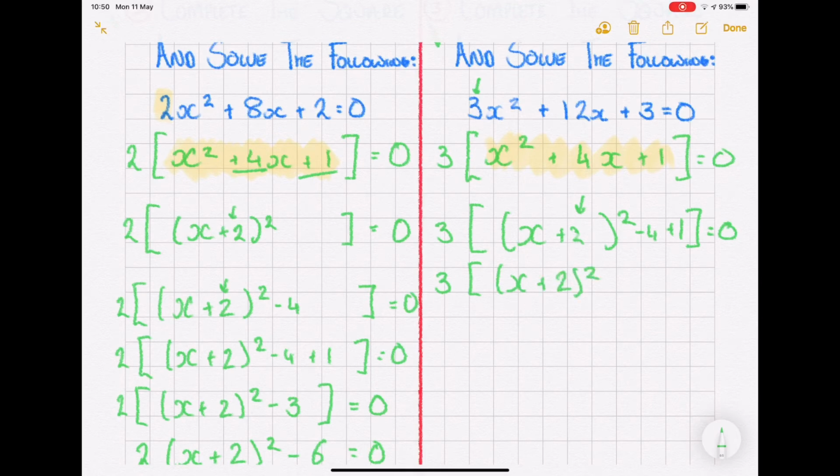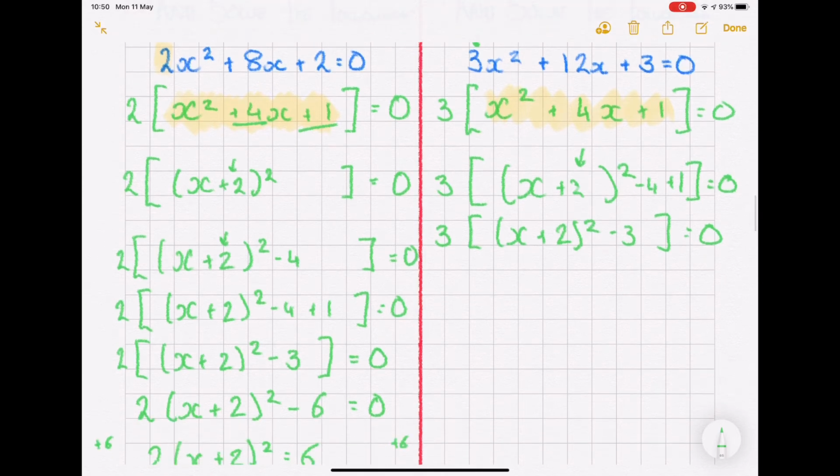Minus 4 plus 1 gives us minus 3, equals 0. Now we can expand this bracket. If we do, we end up with 3x plus 2 squared minus 9 equals 0.